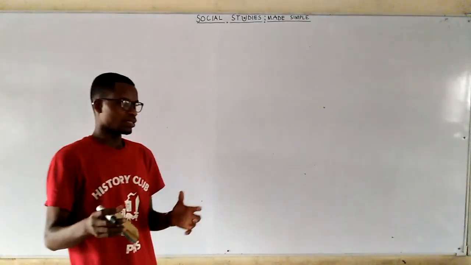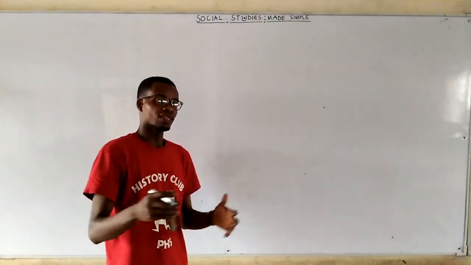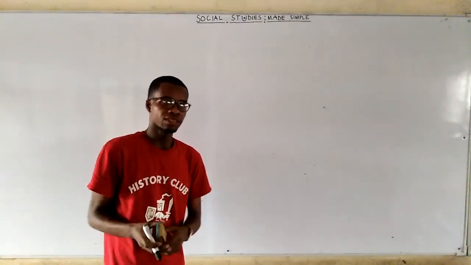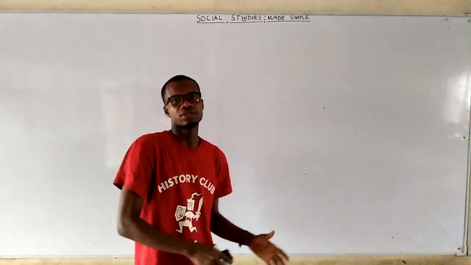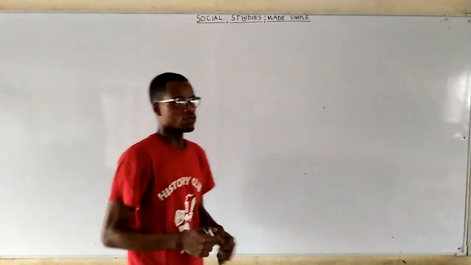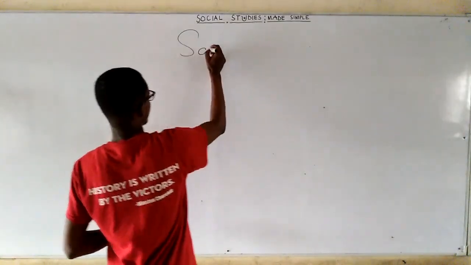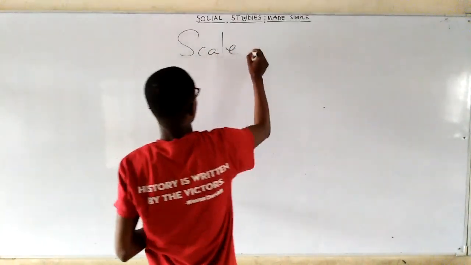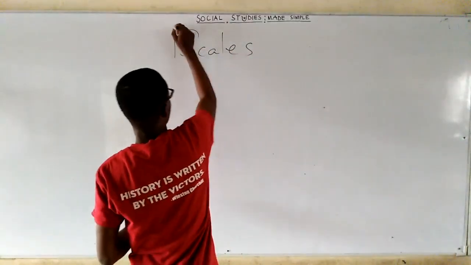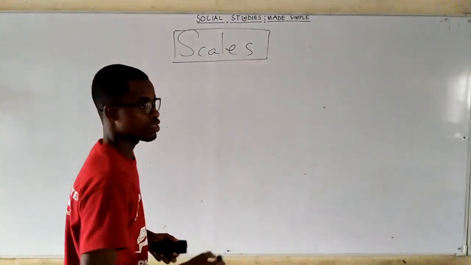We have said that the scale shows the relationship between the distance measured on the map and the distance between 2 points measured on the actual ground. So there are 3 types of scale.